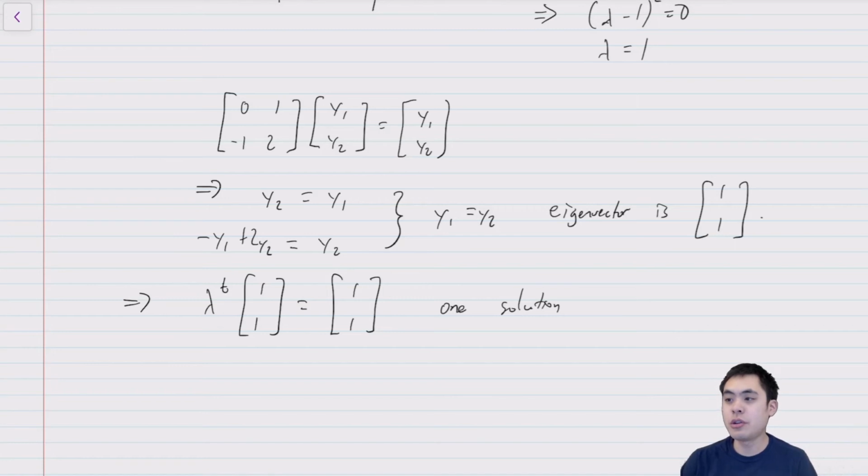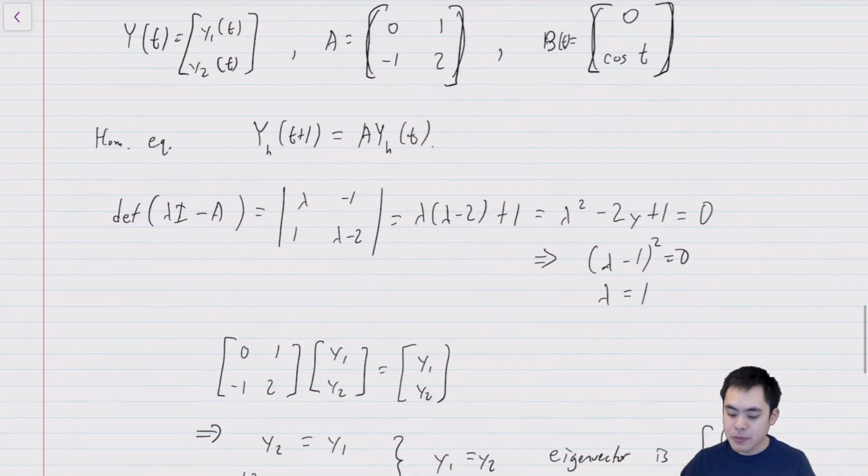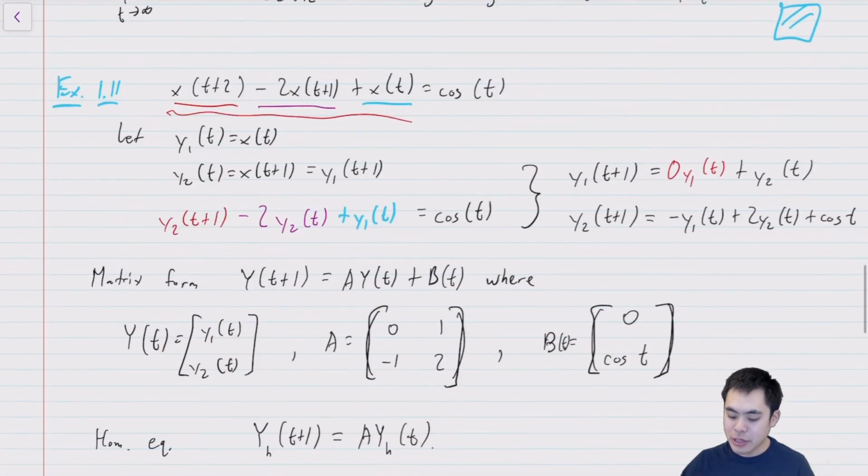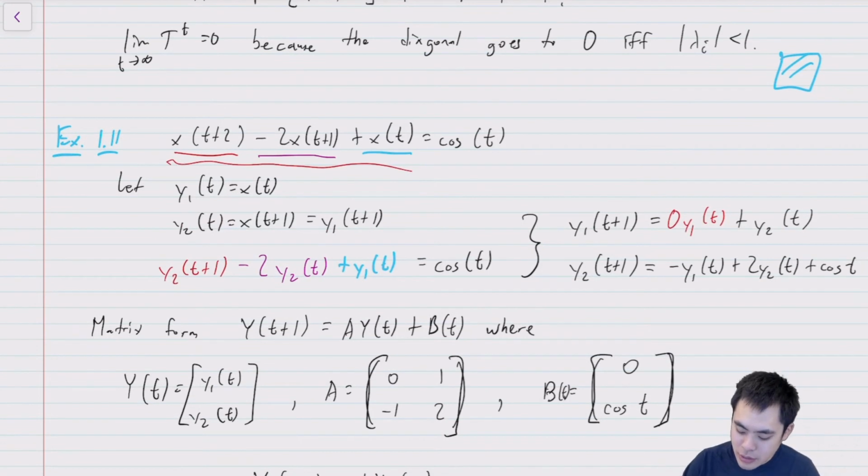So unfortunately, we only have one eigenvalue and one eigenvector, and so we can't actually get a second solution using just this method directly. Luckily, we chose a fairly simple example here, which we can solve using the techniques that we talked about in the last lecture. So note that the characteristic equation here, as a second order linear difference equation, is just lambda squared minus 2 lambda plus 1 is equal to 0, which implies that lambda is equal to 1 with multiplicity 2.